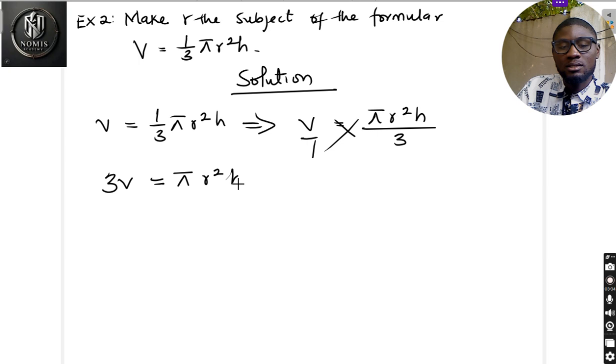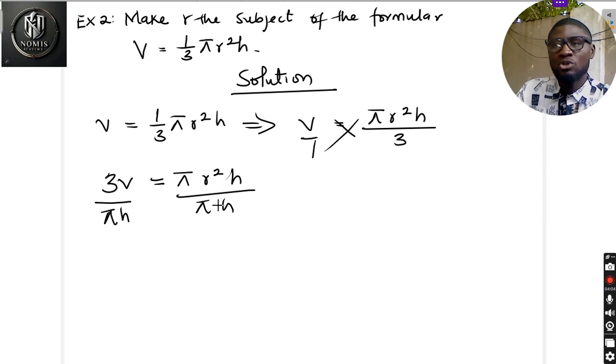I want to make R the subject of the formula. Therefore, any other thing attached to R must be separated, or moved to the other side of the equation. So divide both sides by pi H. Whatever you do to the left hand side, you must do to the right hand side. It is a formula, an equation, where the right hand side is equal to the left hand side.